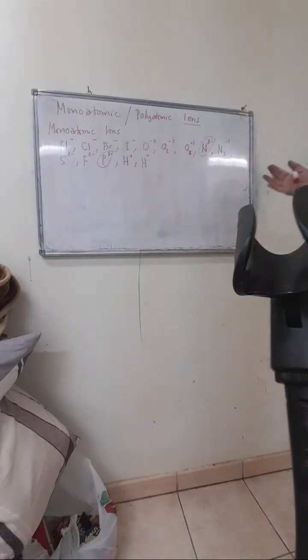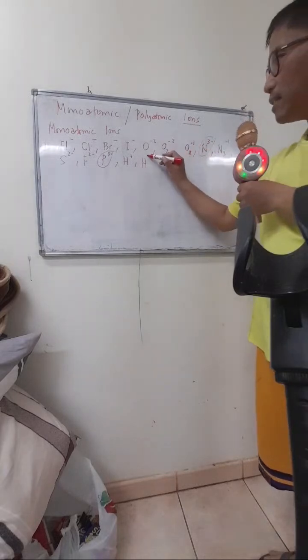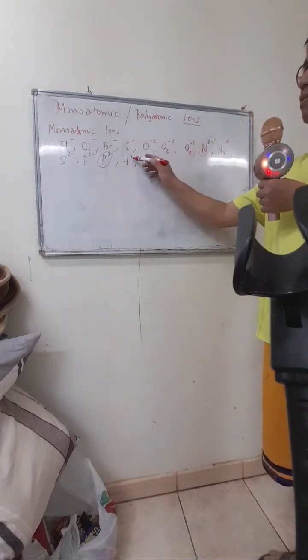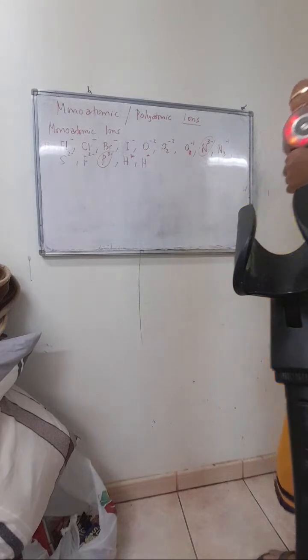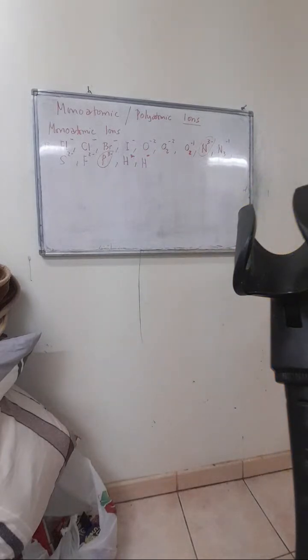So hydrogen also is possible, hydride, and we have also the positive charge of hydrogen. So H positive and H -1 will be okay. Anything else for the monoatomic ions? This is the whole package.